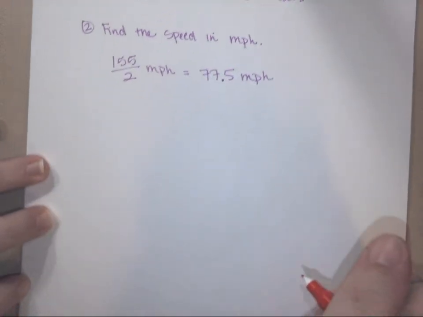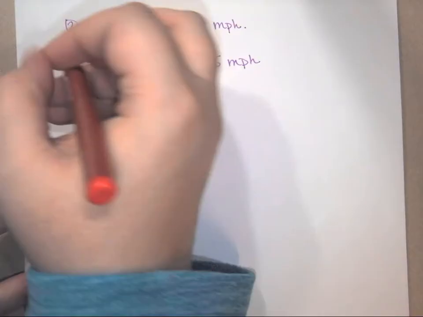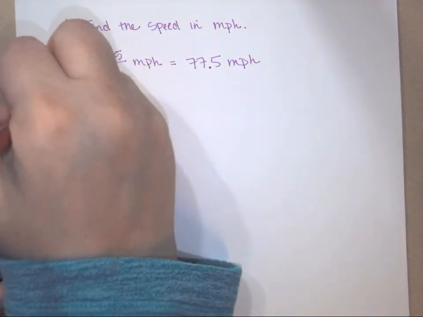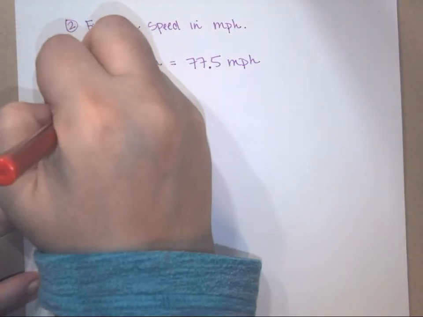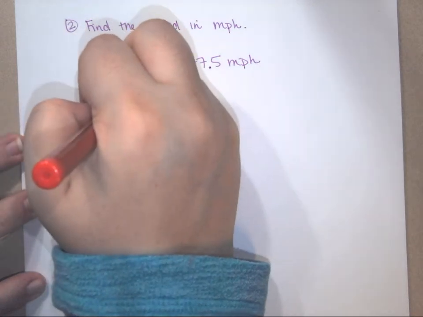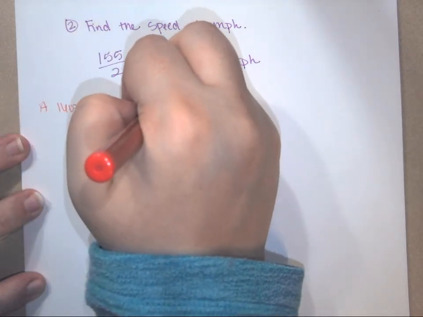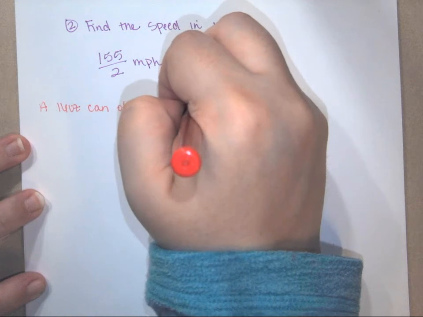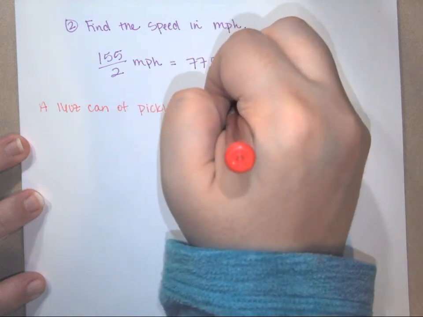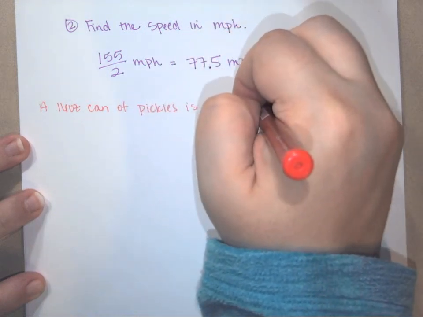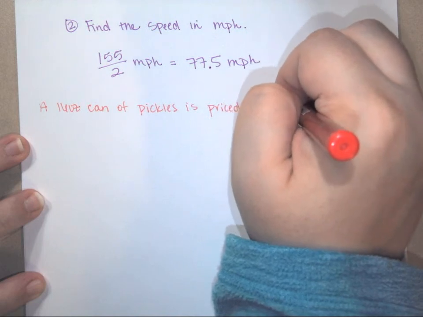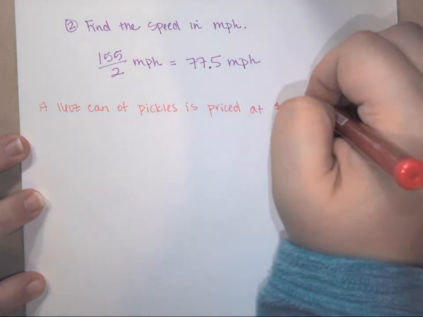Now the other thing that we can do is we can do it with money. So think about shopping. What if we had a 16-ounce can of pickles priced at $2.89.